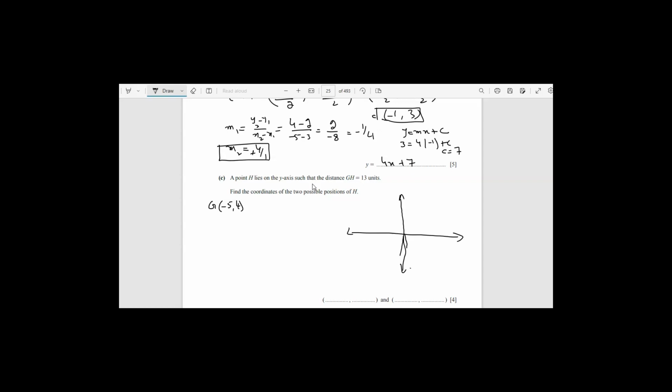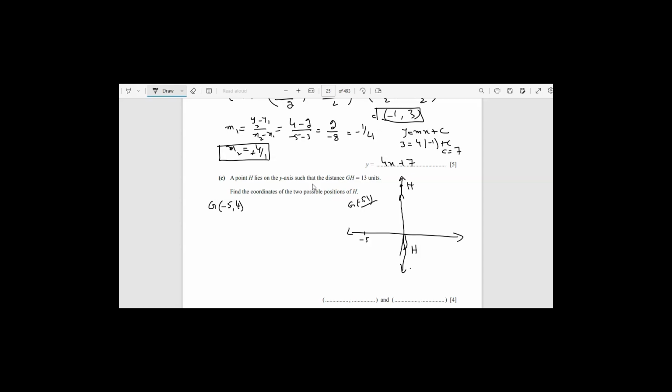The coordinate of G is negative 5, 4. So negative 5, 4, suppose negative 5 is here and 4 is up. So the position of G, let's suppose it is here, H is a point on the y-axis. So H can be here or somewhere here at this point.